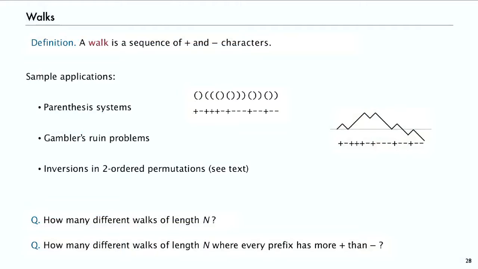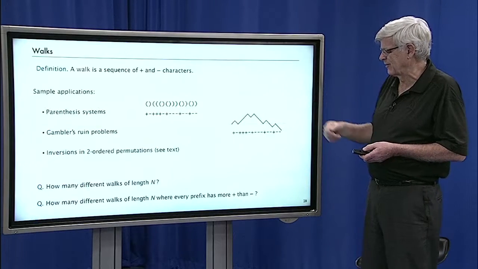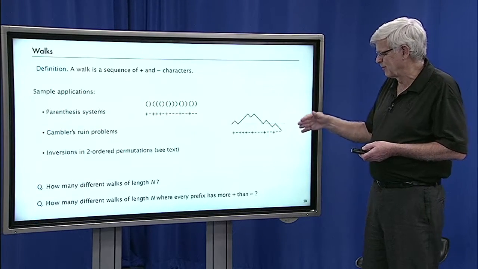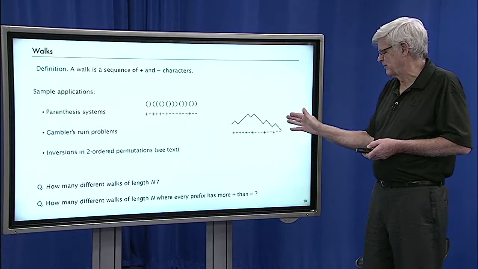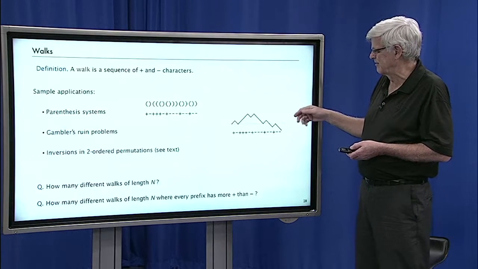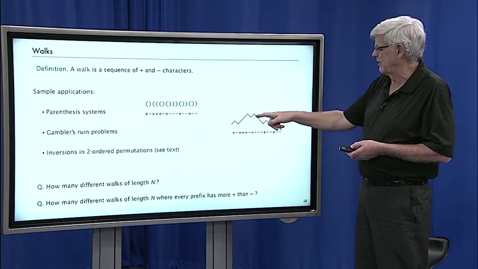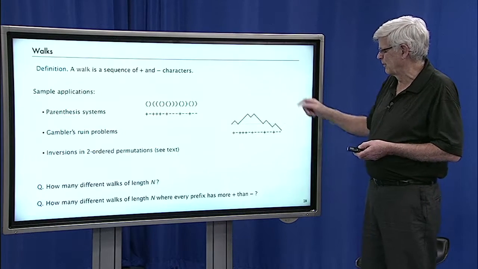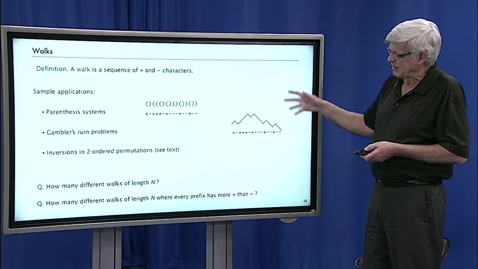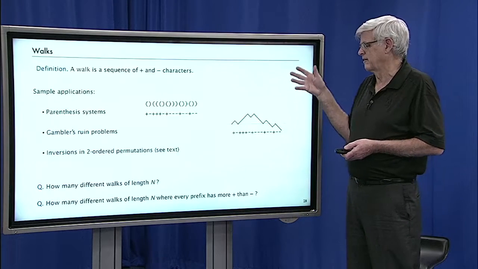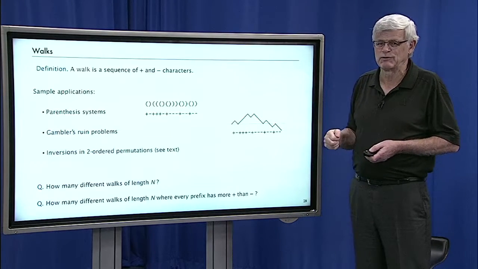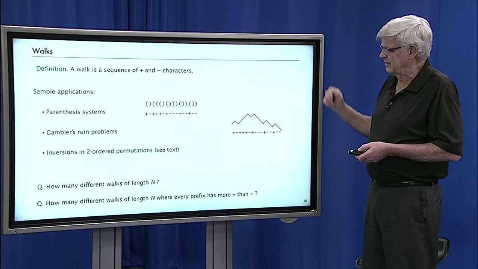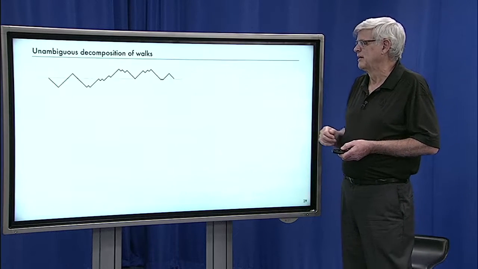Just from the idea of a sequence of plus and minus characters, there's all kinds of natural questions that arise, like how many different walks of length n are there? Or how many different walks of length n are there where every prefix has more pluses than minuses? That is, it stays above the line because you always go plus more than you go minus. Similar questions like that are studied in all different types of applications. It's a relatively general framework.